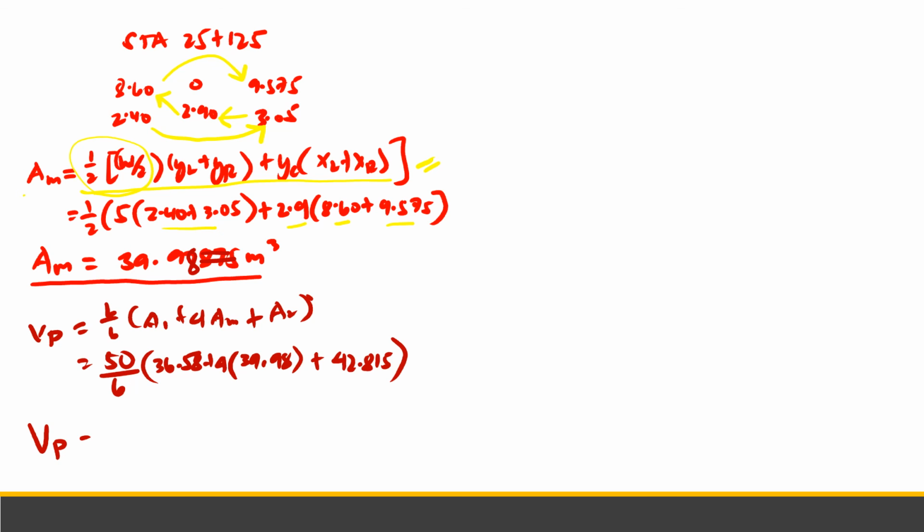So the volume using the prismoidal formula is 1994.25 cubic meters. That is for D.